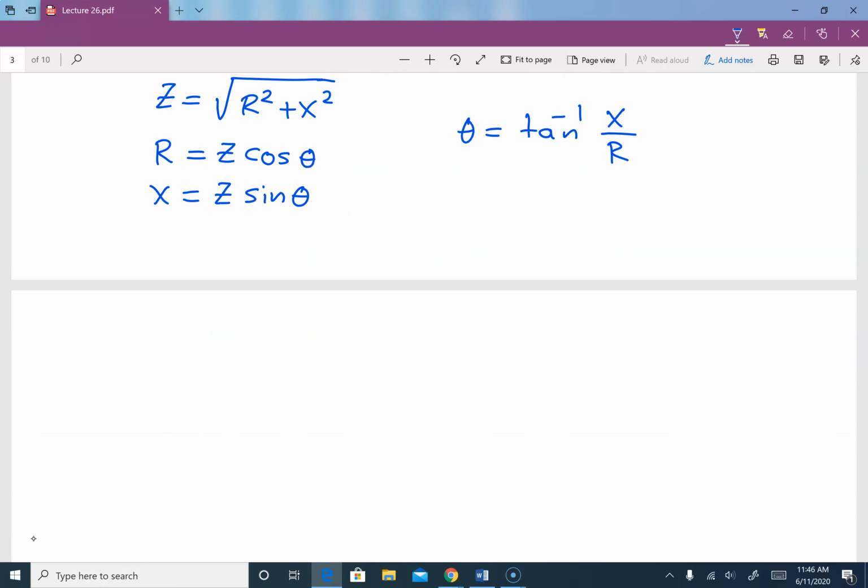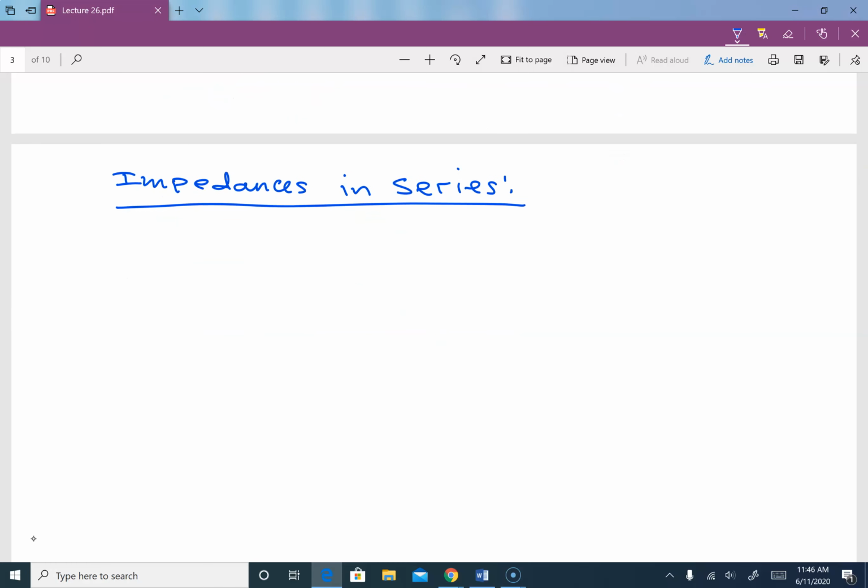So impedances in series, it is the same as when we find our equivalent resistance.